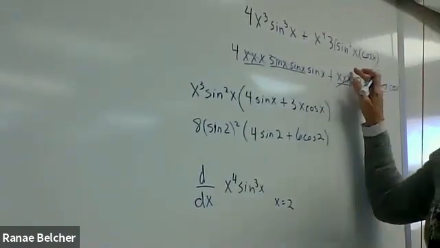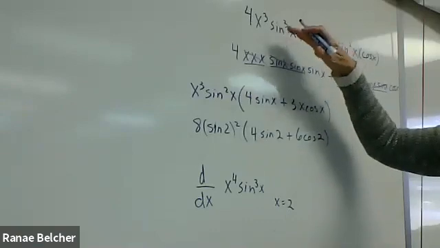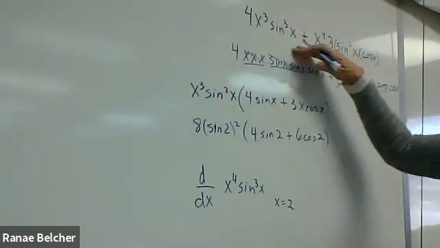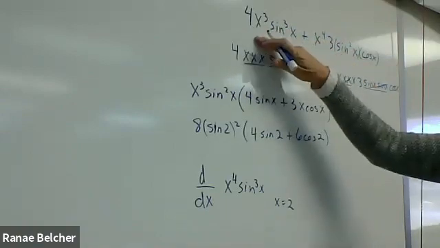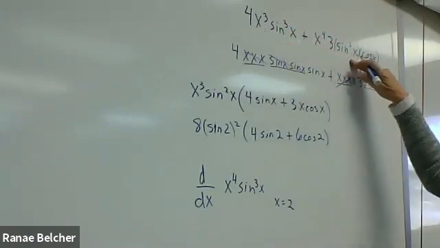Can you read this very well? Mostly. So this is what you get when you do the product rule. Did you get that far? It's 4x cubed sine cubed x plus x to the fourth, 3 sine squared x cosine x. Wait, where do you get the cosine x at the end from?